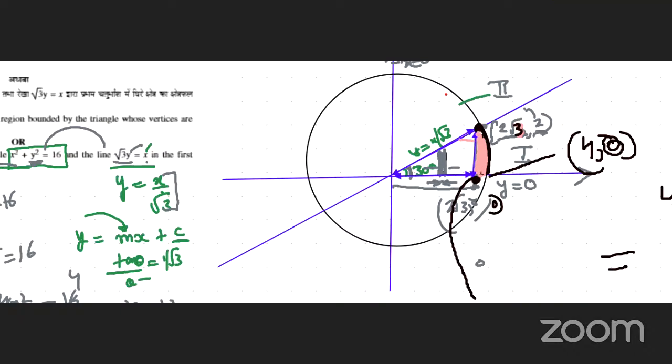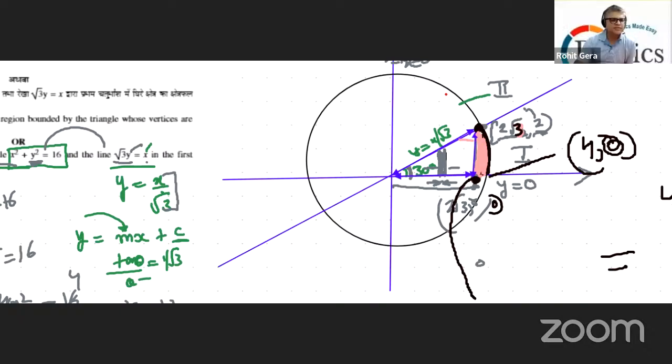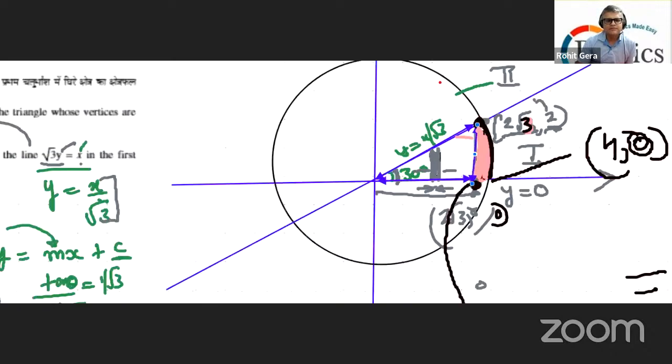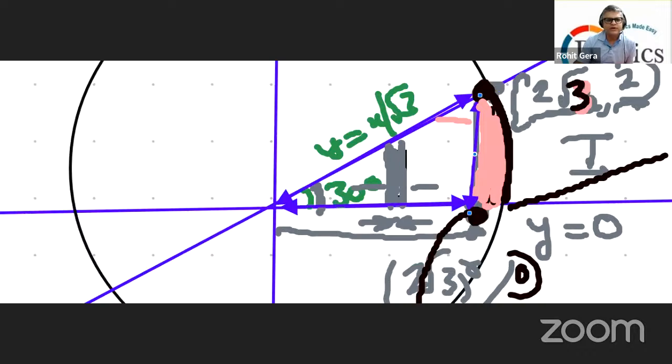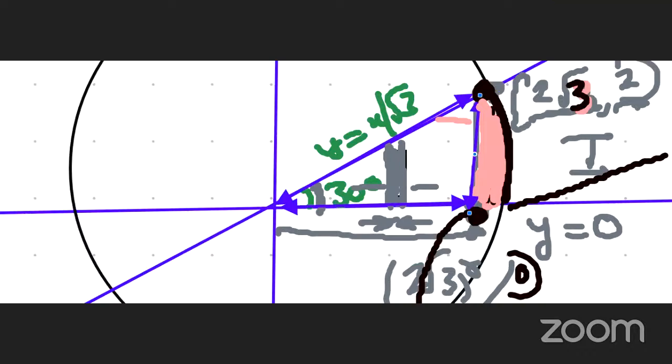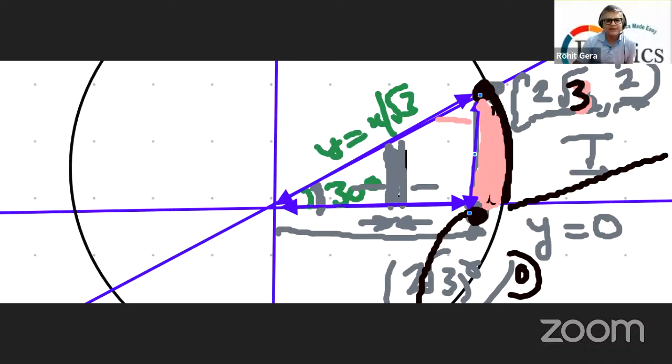Let me shift this a bit. So this arrow, let me shift it here, on the right of the arrow. See if you can see it clearly now. Yes, visible. The orange area is visible, its y is the circle.